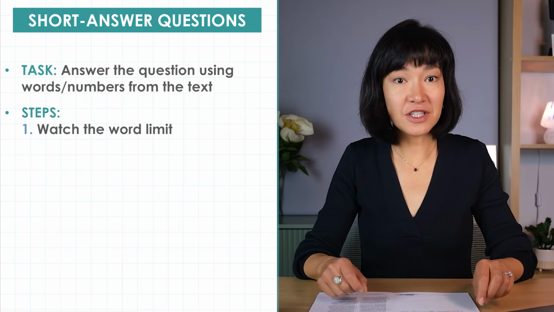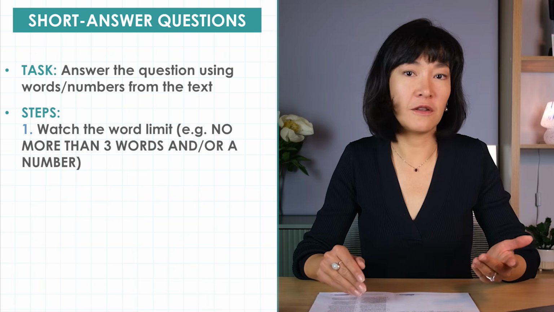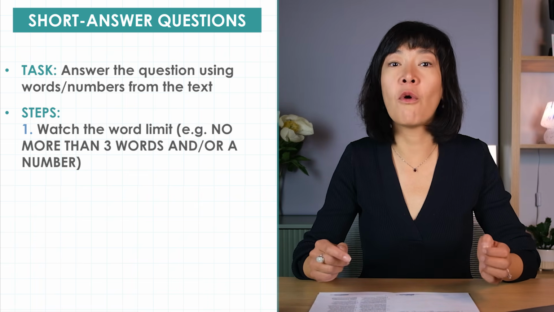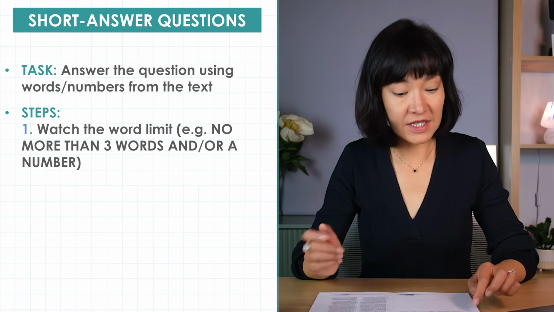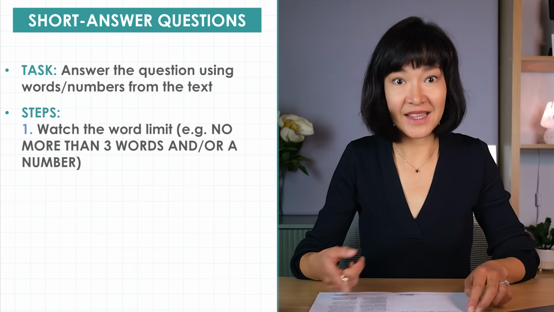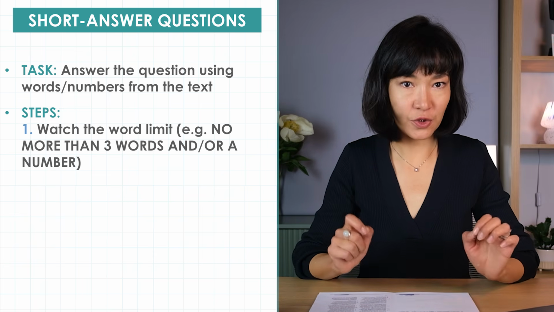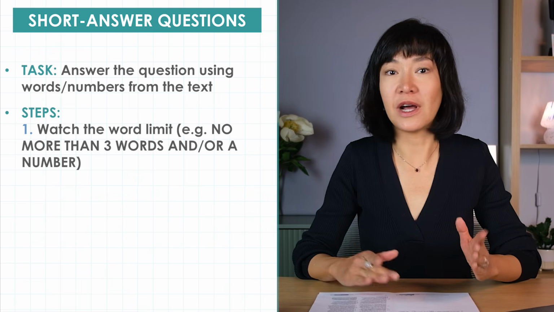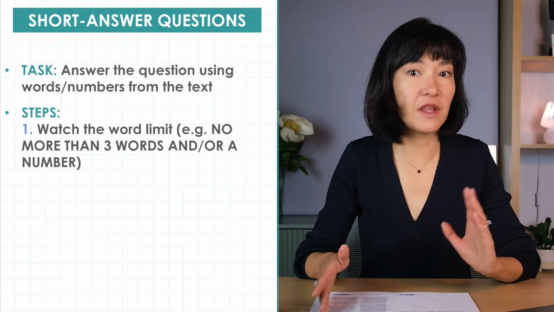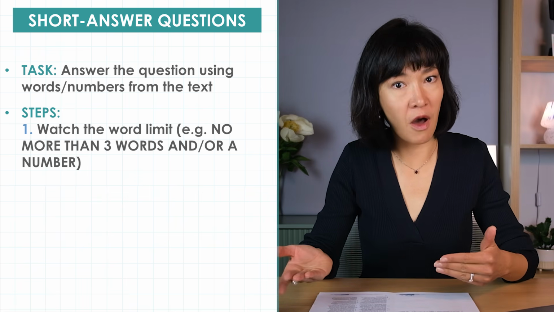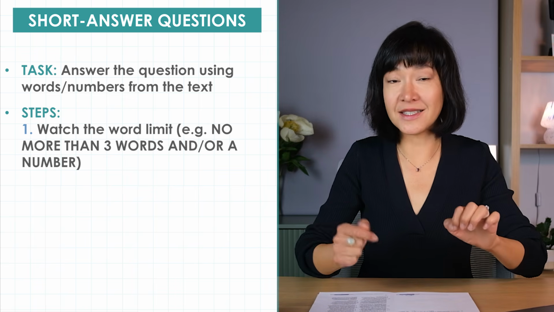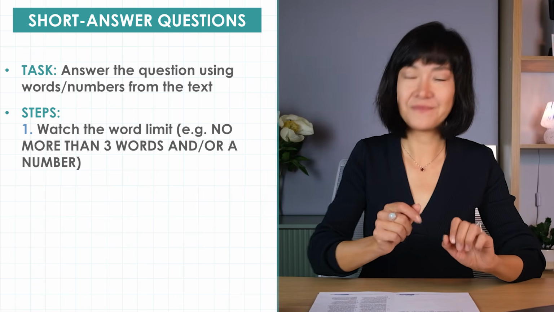So the instructions might say no more than 2 words or no more than 3 words and or a number, like in our case, or something else. So this rule is strict. If you write 4 words instead of 3, you lose the mark, even if the answer is there.